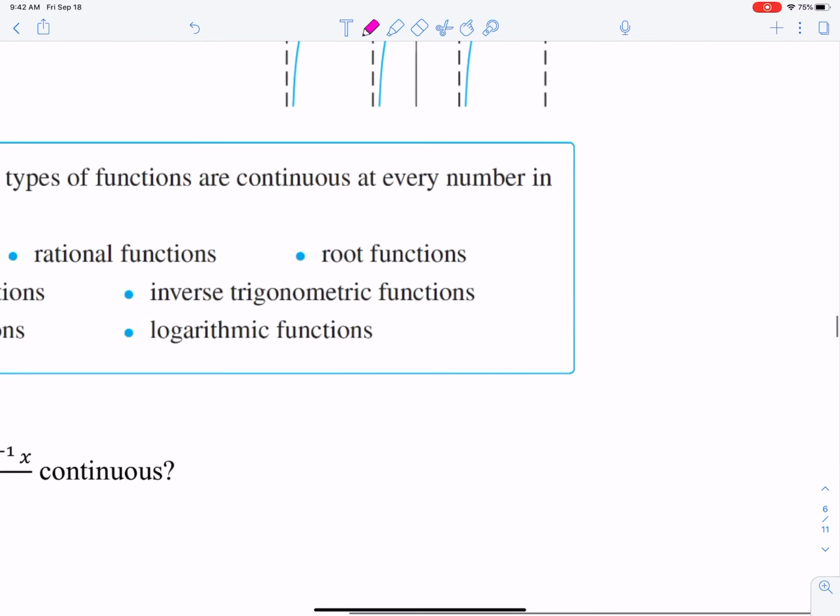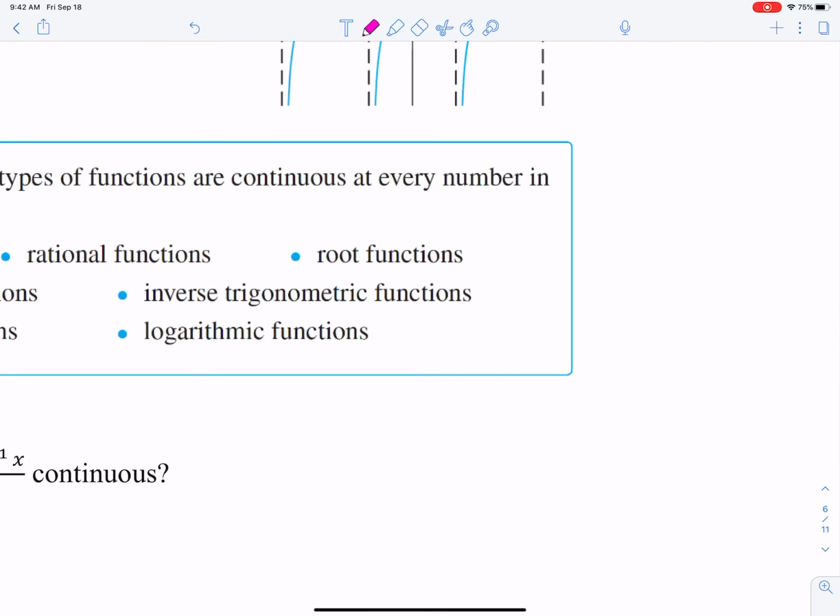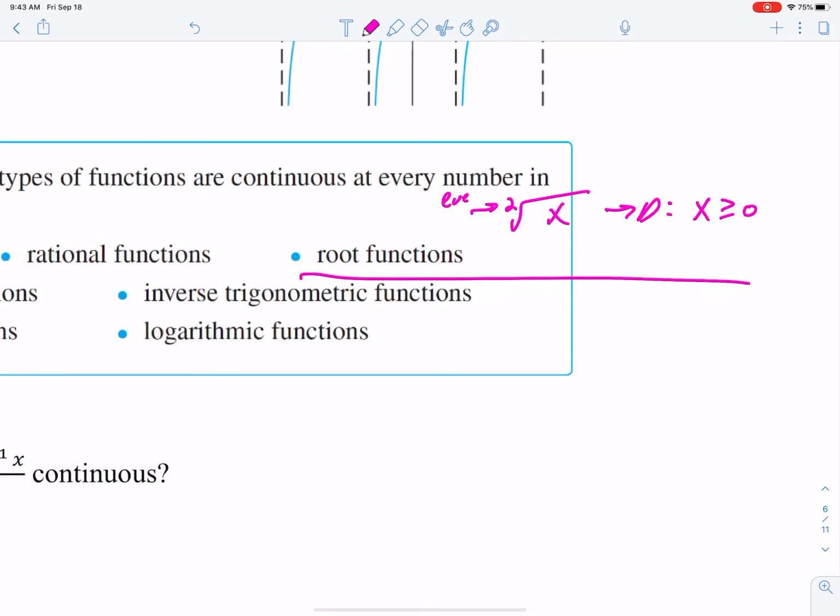Root functions. So if we have an even root, square root of x, remember the domain must be greater than or equal to 0. You can't take the square root of negative numbers unless we're in the complex plane, but that's not for now. And that's for any even root.